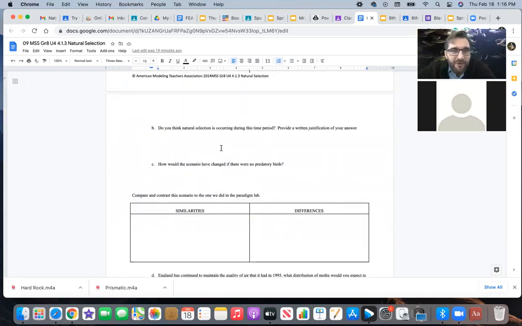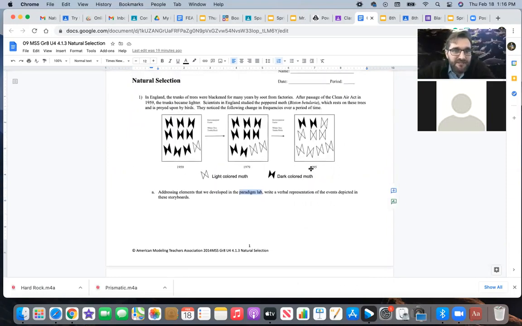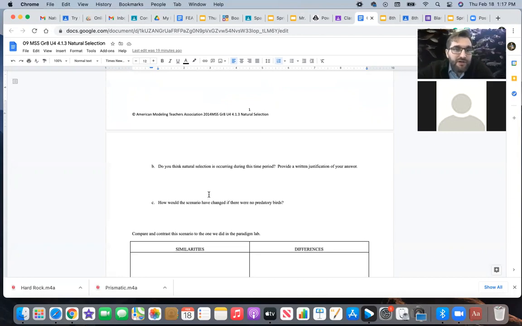For B, it wants to know, do you think natural selection is occurring over this time period? So from 1959 to 1995, during that time period, do you think natural selection is taking place? And then justify your answer. And then how would that scenario have changed if there weren't any predators in the environment?